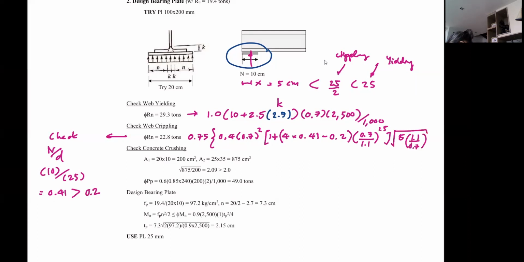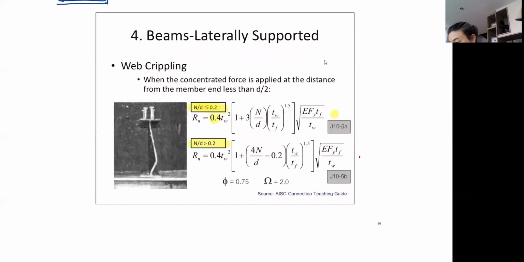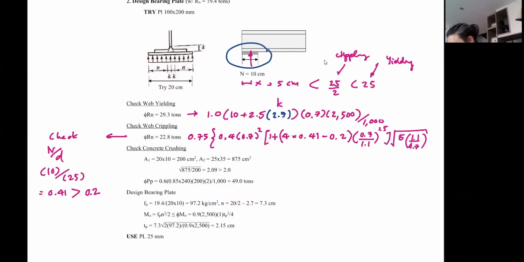Oh, it's not E, it's Fy, isn't it? E and Fy. So let me try to squeeze this in. Let us do it again. E Fy and then 1.1 over 0.7. So that gives you that number, hopefully, and divided by 1,000 too. I'm running out of space.